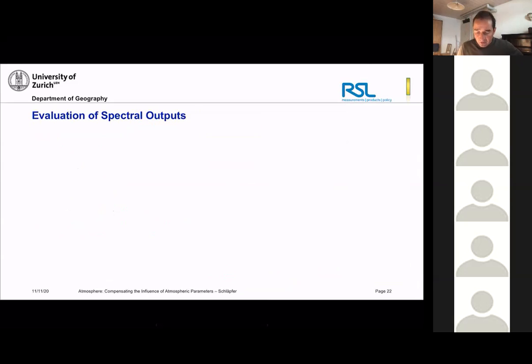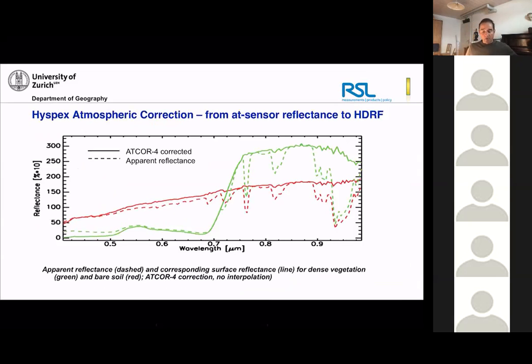Let's go first to the bottom of atmosphere reflectance outputs. What do you get as a result? Here is a result of airborne data correction taken from about 1 kilometer above ground. The dashed line is the apparent reflectance before atmospheric correction, and the solid line is the one after.